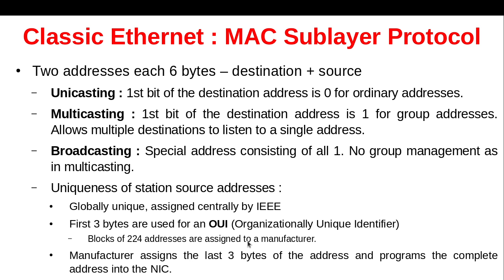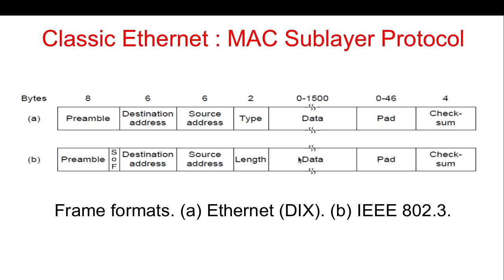So one manufacturer will have exactly one block out of those 2 raised to 24 possible, and that manufacturer will assign the last 3 bytes of the address and program the complete address into the NIC. That means out of the 6 bytes of address, the first 3 bytes are fixed for the manufacturer, and the manufacturer selects the last 3 bytes.